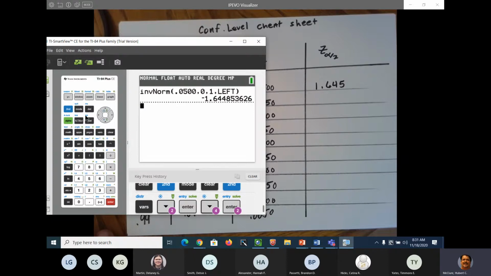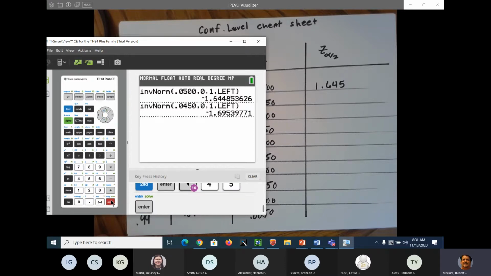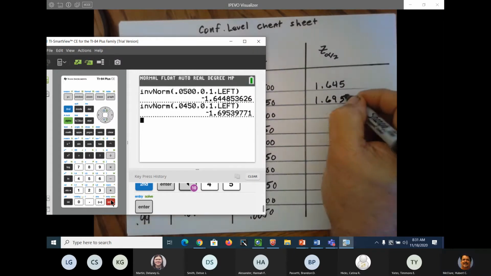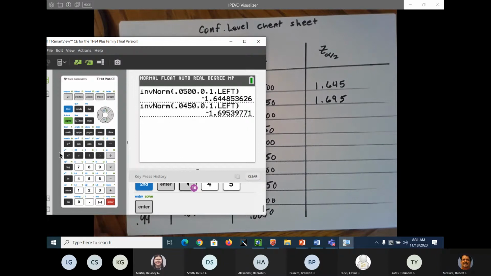So let's go back to second and change the next one to 0.450. That's 1.695. Second. Change the next one to 0.400.